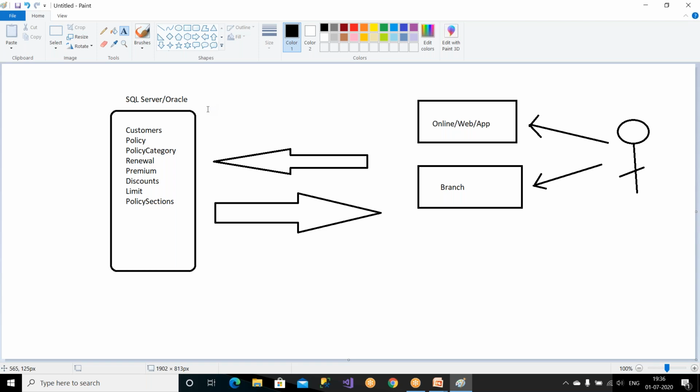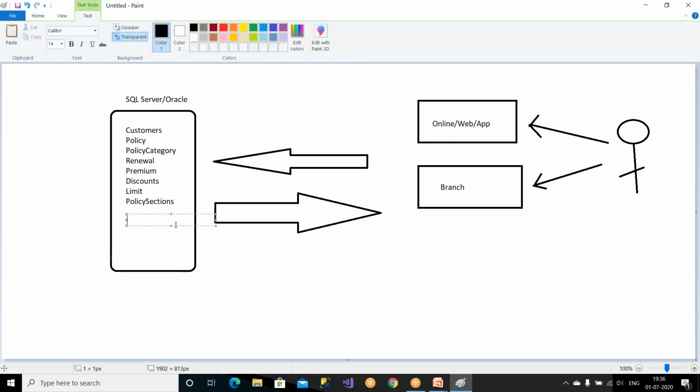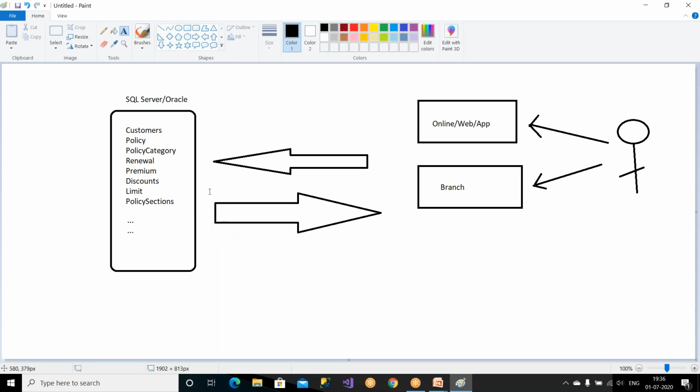What type of policy have you taken? All this data is stored under these tables, right? You have thousands of tables like this. So using that, you should be able to get the data. Clear? So what is the data that you're going to be having? These are a couple of tables. Real tables you're going to be seeing very soon.